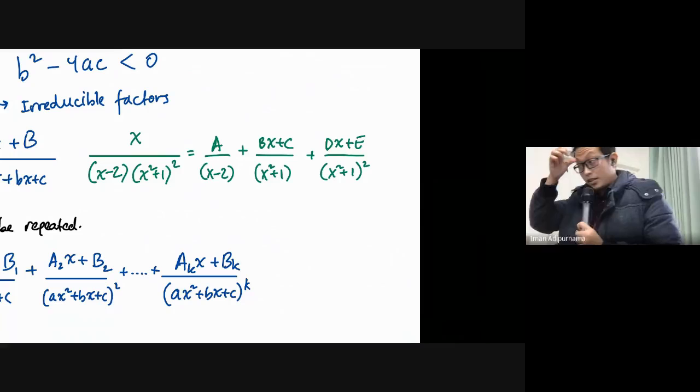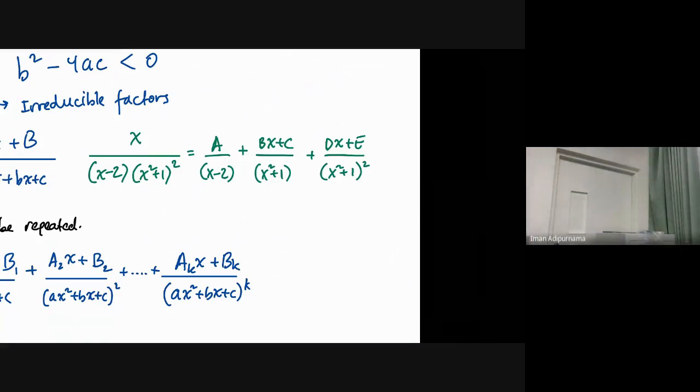So whenever you find quadratic functions, like the irreducible factors, you need to write the linear expressions on top of them. Now, if you see bx over x squared plus 1, you can use substitution because it's only a constant, right?